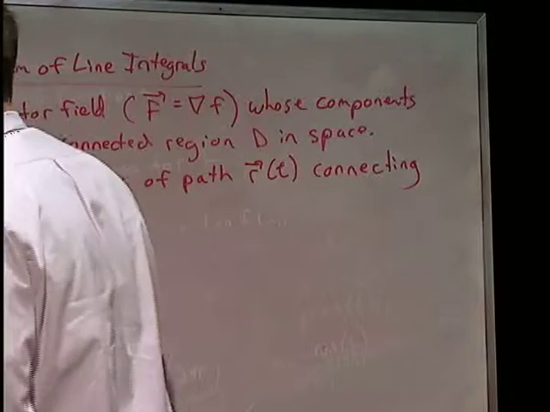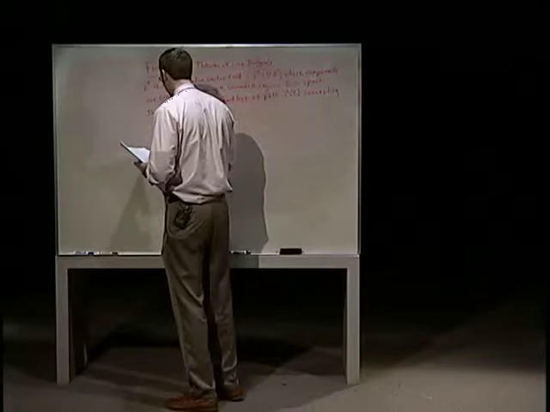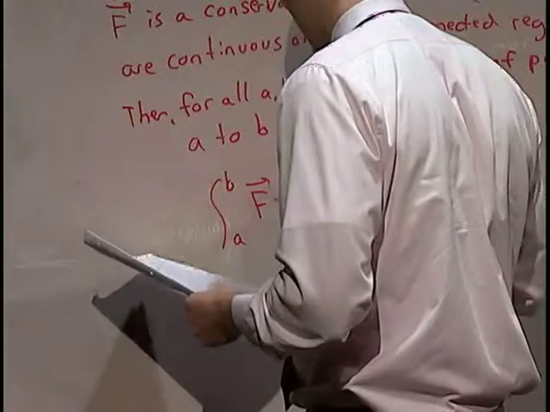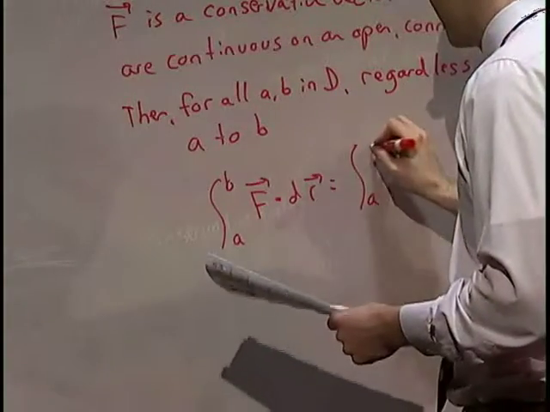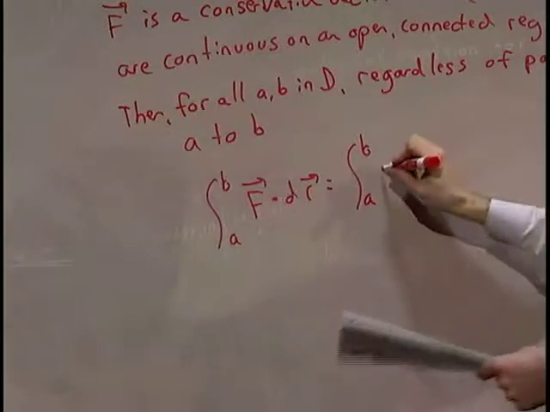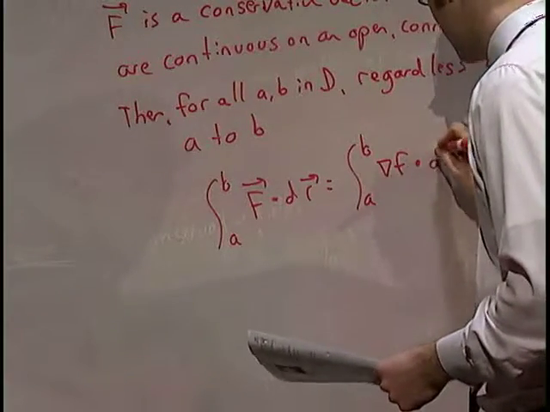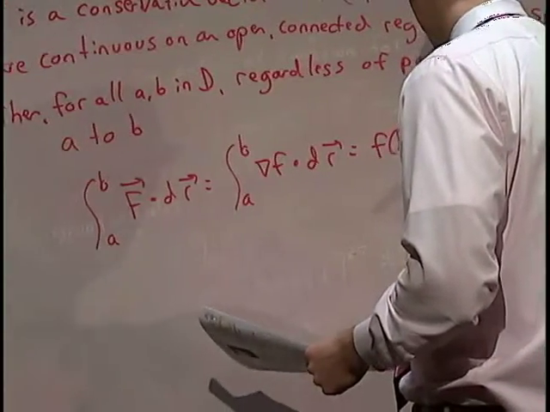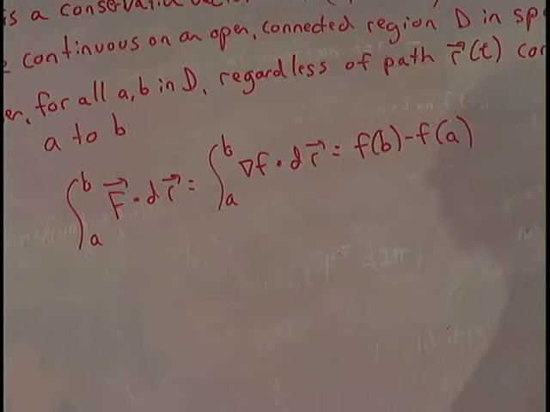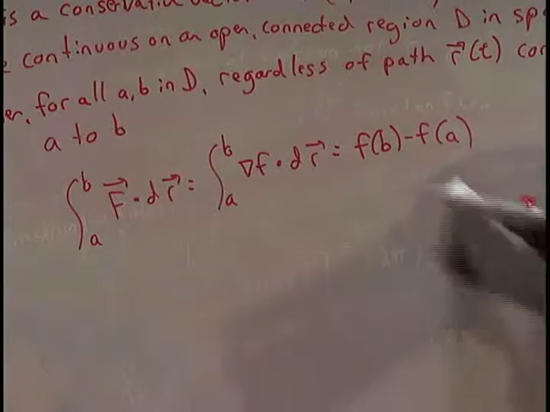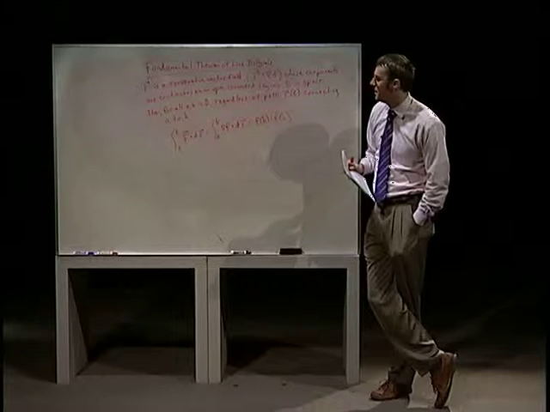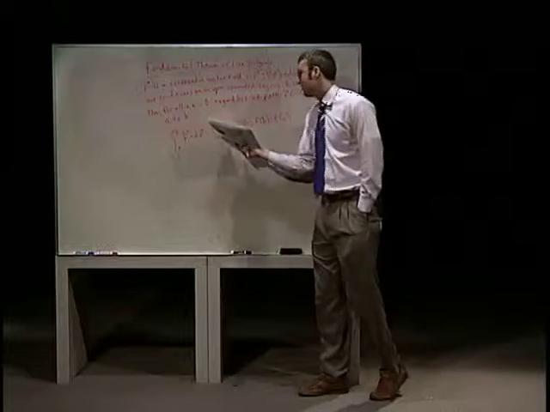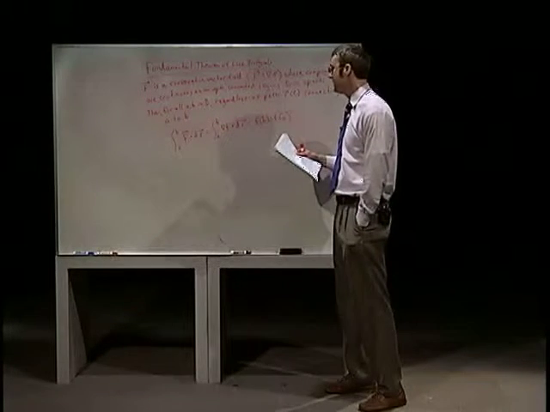connecting A to B, we have the following powerful result, that the integral from A to B of F dot dr is equal to, well, we know that capital F is grad f for some scalar function f, and this is just f of B minus f of A. Note the immediate similarity between this and the fundamental theorem of calculus, the idea being that now we're thinking about grad f as being some derivative, right?